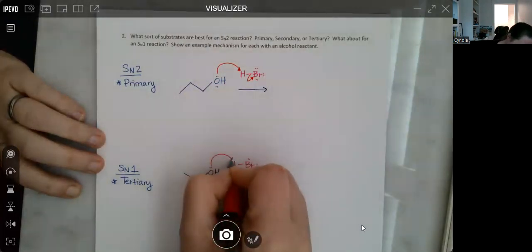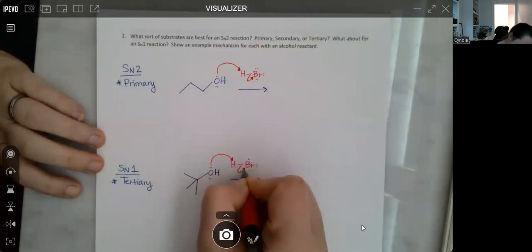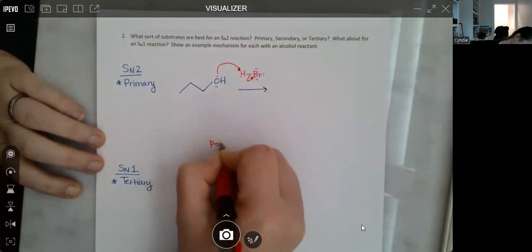So we're starting off with a proton transfer.